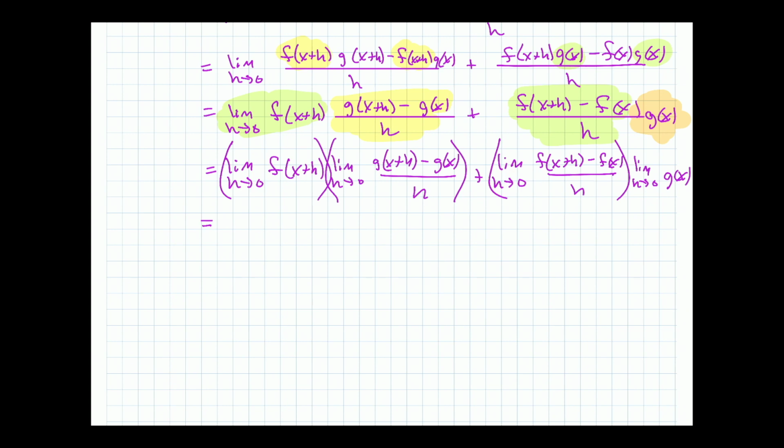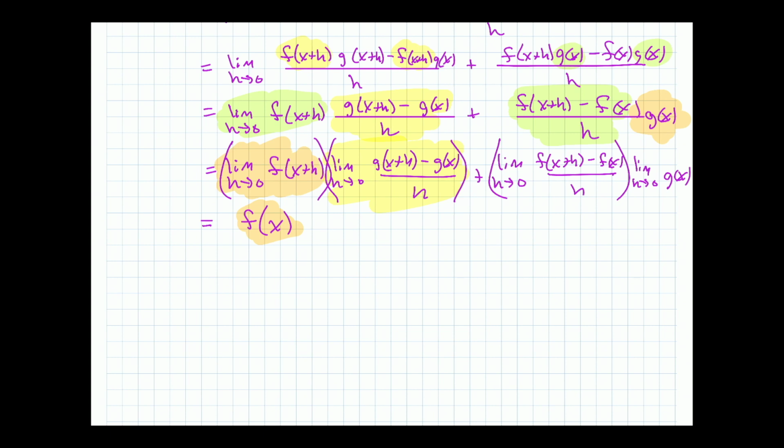So the limit of the first one, as h goes to 0 of f of x plus h, right? This limit right here. Well, if h goes to 0, that's just going to be f of x plus 0, which is f of x. Okay. Then the next one here, you should be able to look at that and say, wait a second, isn't that just g prime?